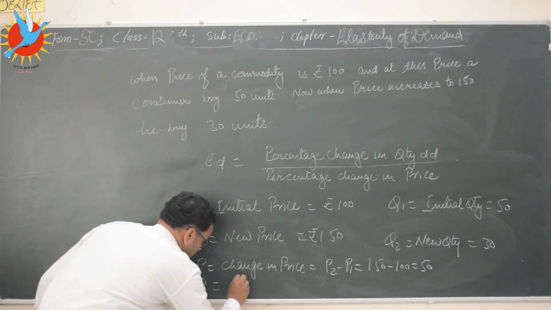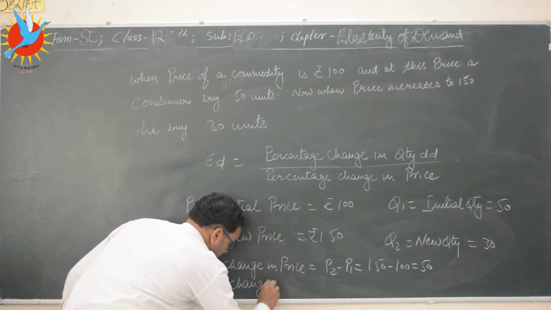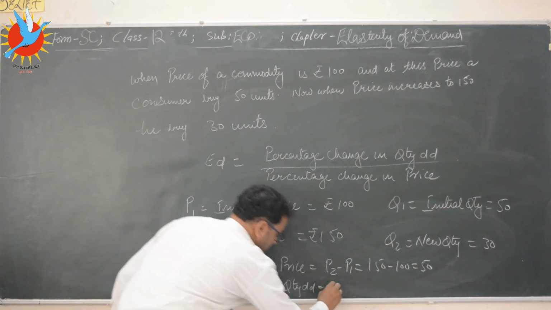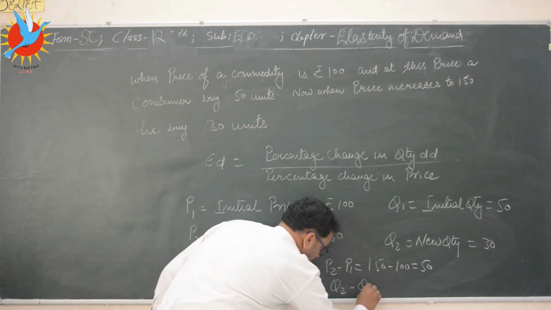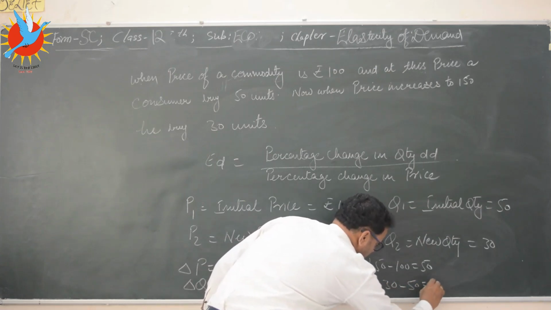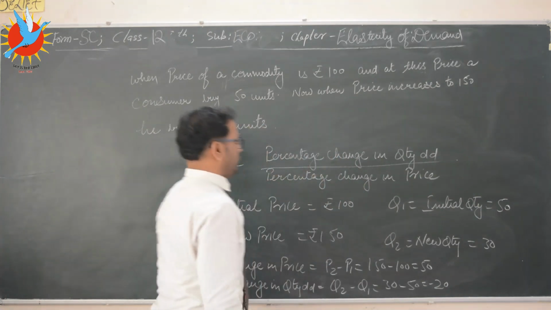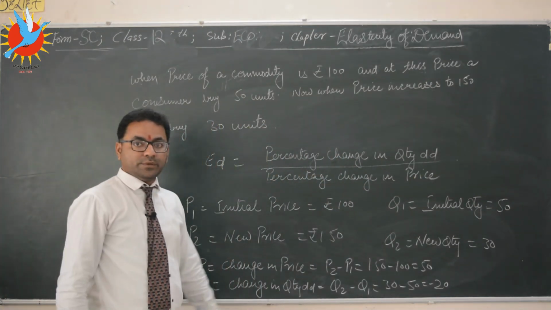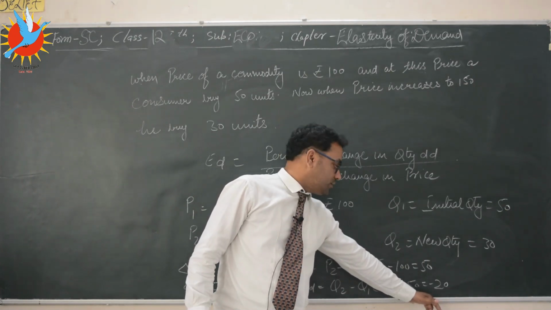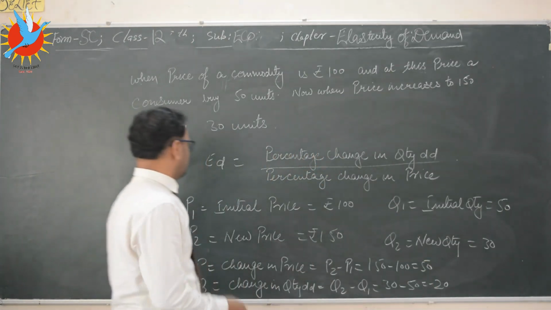Delta Q is the change in quantity demanded, meaning new quantity minus old quantity. 30 minus 50 is equal to minus 20.